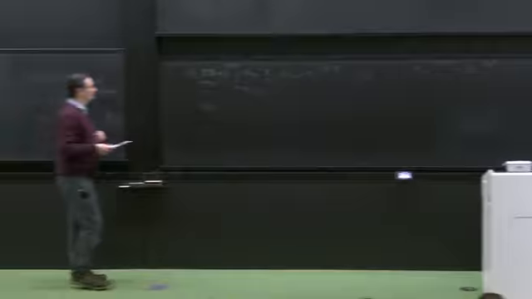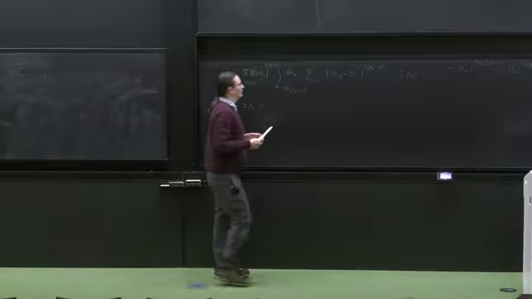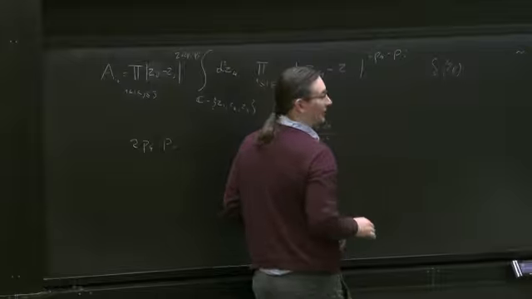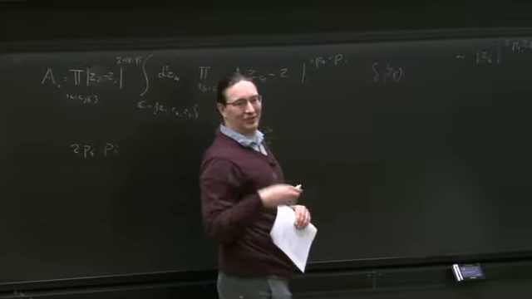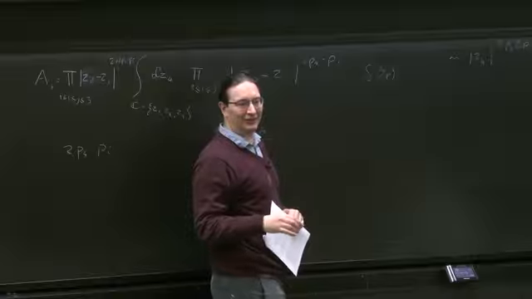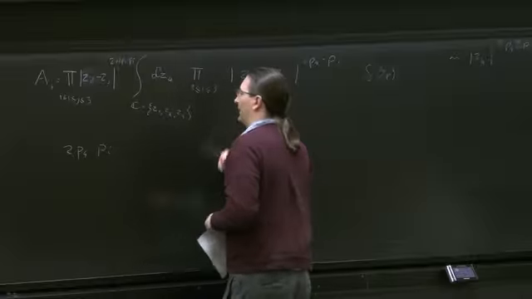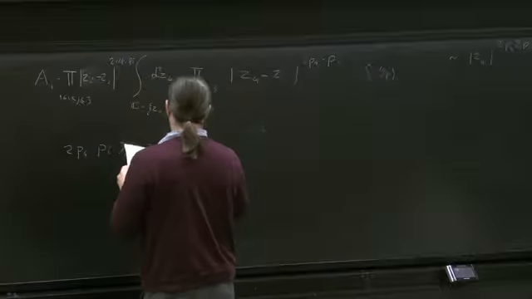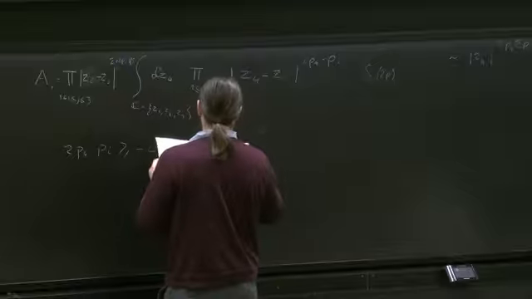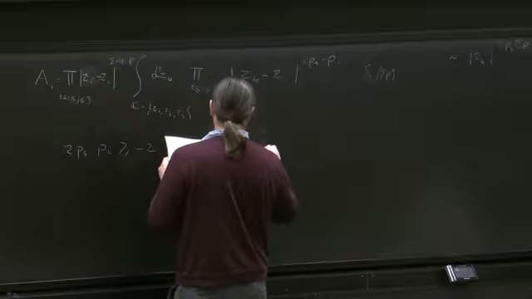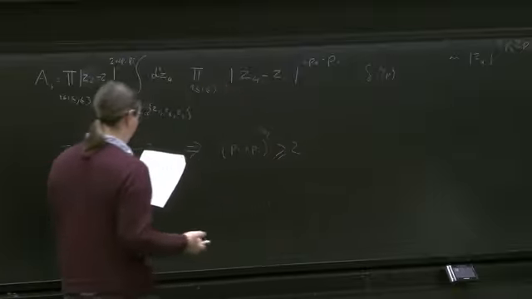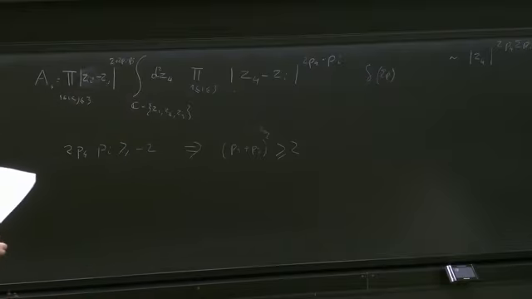Is it larger than minus 2 or something? Right. Locally, I have an r dr in the measure. And so if I divide by r squared, I get 1 over r, which is logarithmically divergent. So I need this to be greater than minus 2, which means that p4 plus p_i squared has to be greater than or equal to 2.